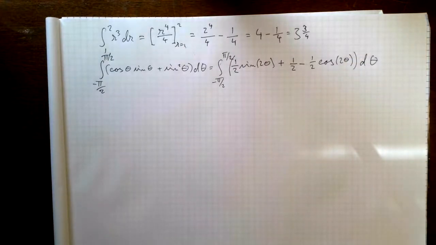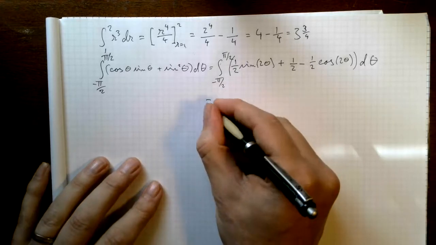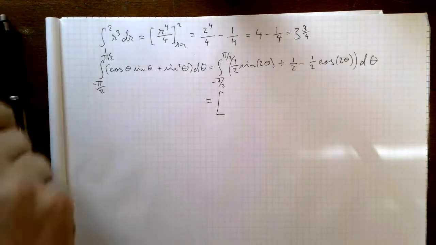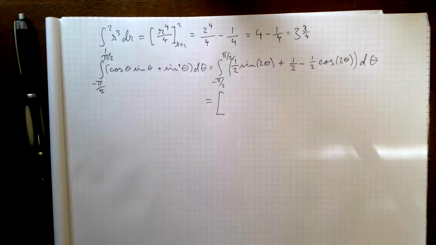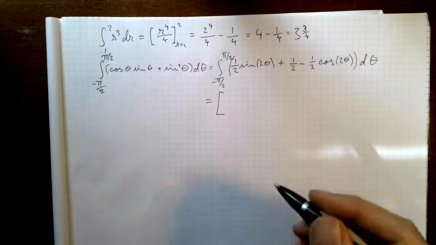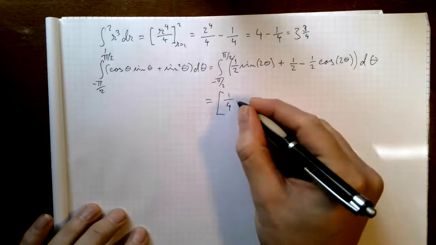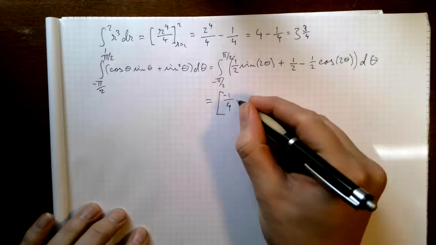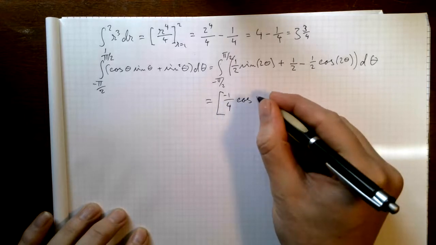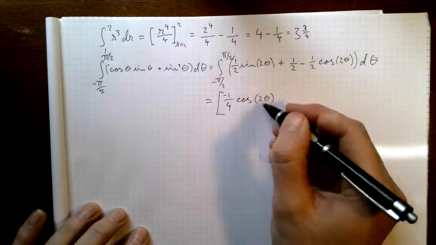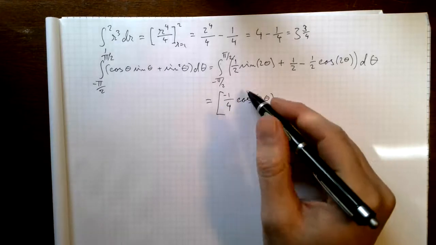All right. So now we just have to anti-differentiate that. The antiderivative of sine is minus cosine, and if I have a 2 here, I will have to have a quarter, and then a minus cosine 2 theta. So when I differentiate this, the 2 will come out, and the minus cosine will become sine.